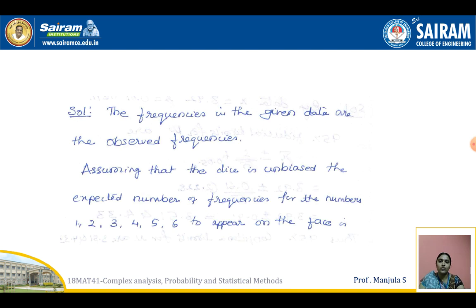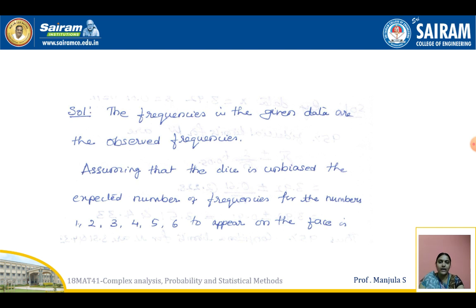So now we'll see the answer. The frequencies in the given data are the observed frequencies. We already know that for chi-square we need both the observed frequency and the theoretical or estimated frequency. The observed frequency is given in the question, and the theoretical or estimated frequency we have to find now.